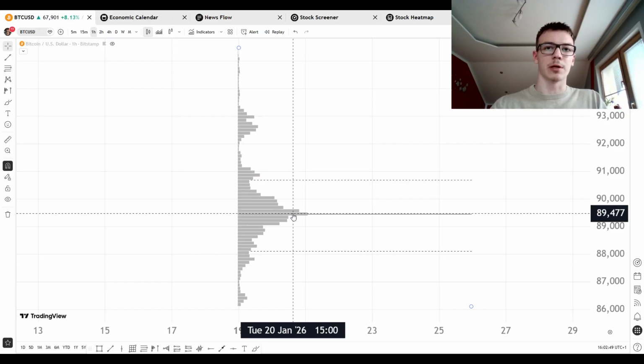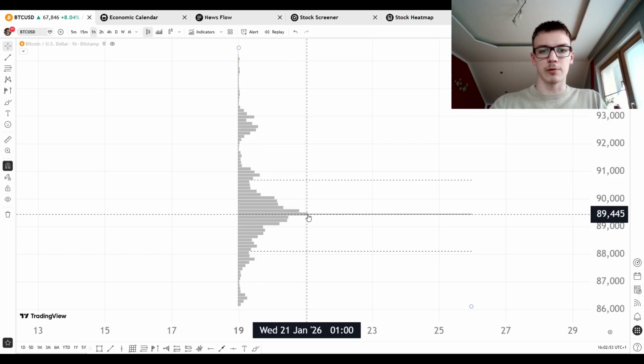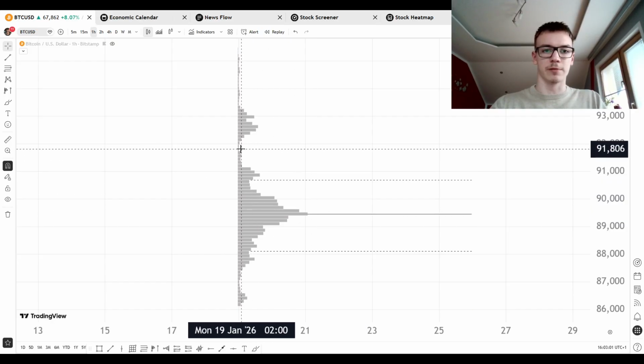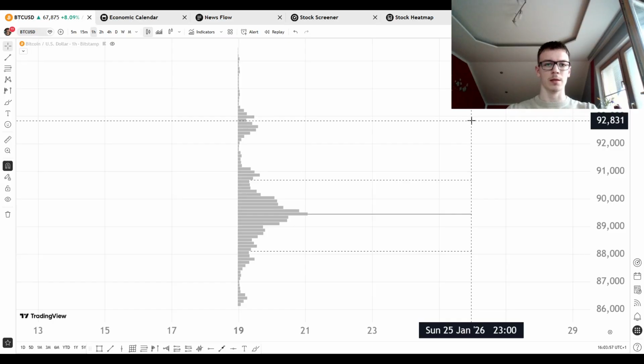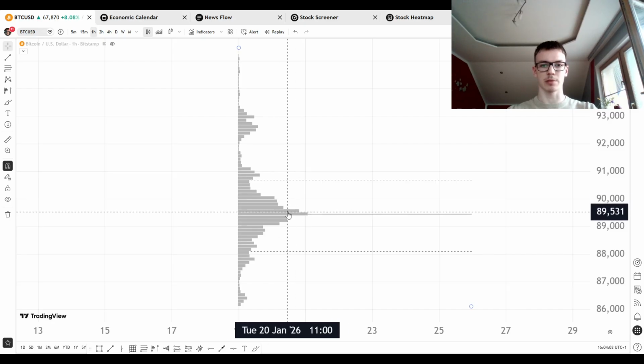And this probably happened a lot of times because, as you can see by this column right here, the number of times Bitcoin was exchanged was a lot bigger than, for example, here, right? In short, this tells you that this was price acceptance. This was the price people mostly accepted during this time.